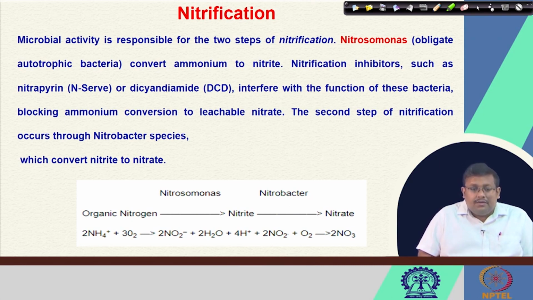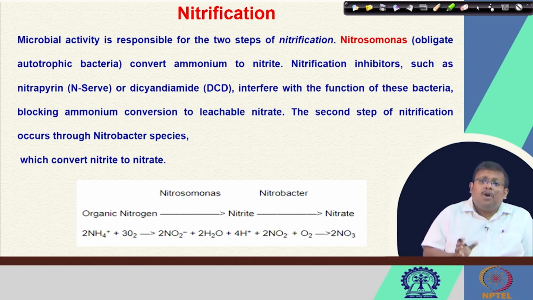Now, we will also see in our coming slides that rapid conversion of ammonium to nitrate is sometimes not desirable, because plants can take up only a very small amount of available nitrate, and the rest of it gets lost from the soil through different processes.